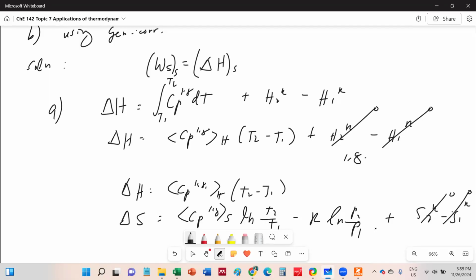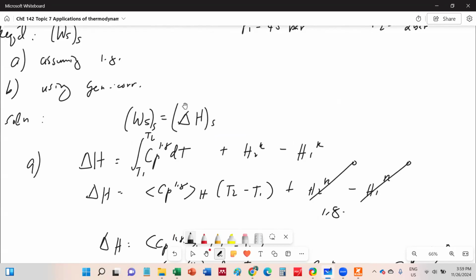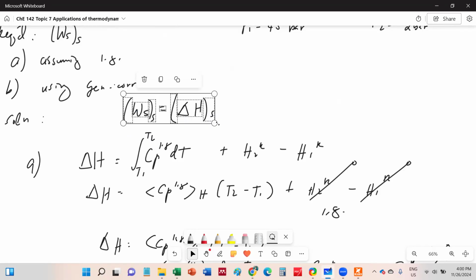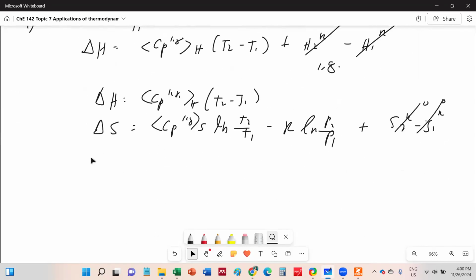Okay. Now, for an isentropic process, the reason why we're also interested in delta S, although in our working equation it's only delta H, wherein we can solve the work shaft, is because this is an isentropic process.